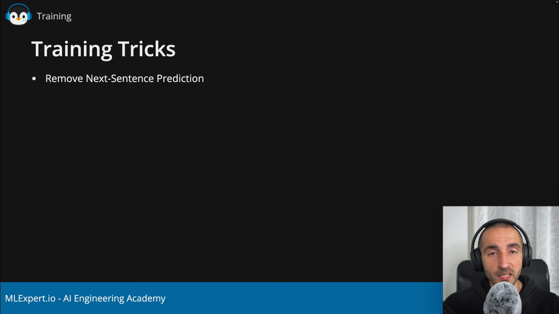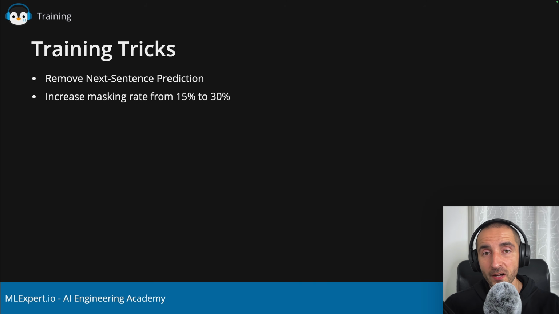The tricks they used are, first, to remove the next sentence prediction objective, which was proposed in the original BERT model. Then we have an increase of the masked tokens for the masked language modeling task, from 15% within the original BERT model to 30%.